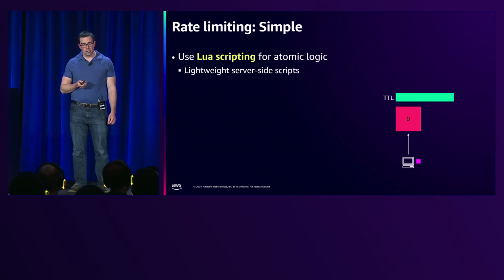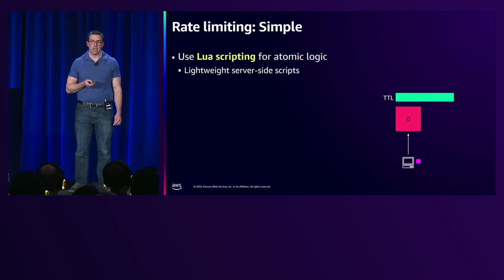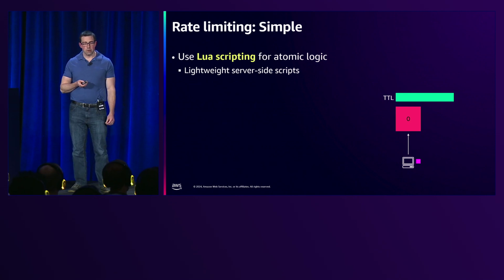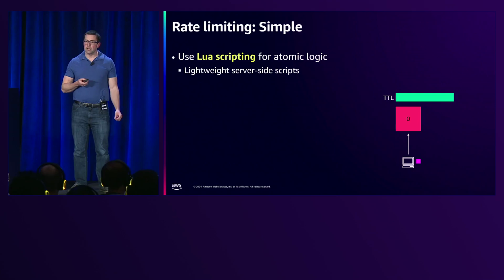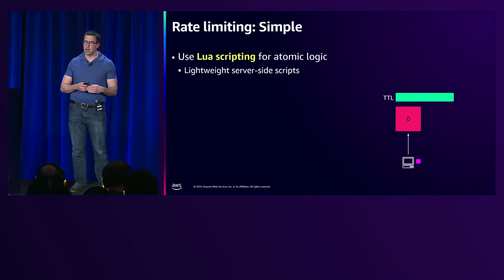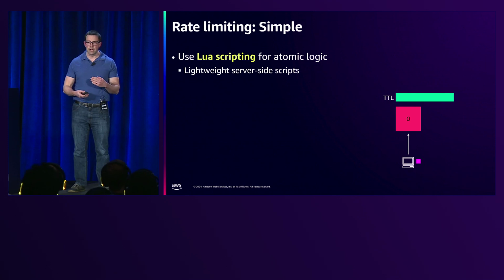We'll also leverage something called Lua scripting, which is another capability that Valkey supports. So Lua scripting is a scripting language, and you can actually run scripts on a Valkey server within ElastiCache that allows for atomic operations, sort of like the multi-exec case we saw before that Yaron talked about, but allows you to do more complex logic on the server side.